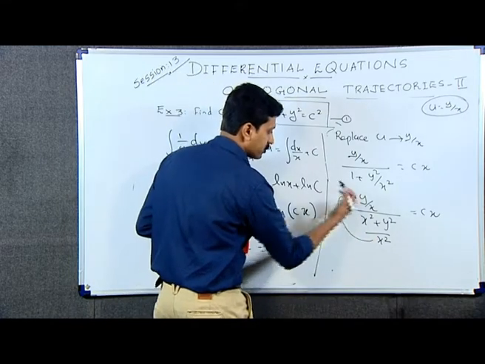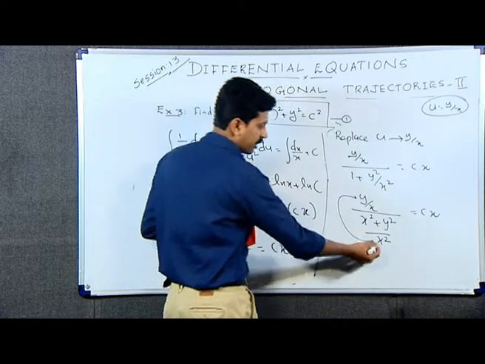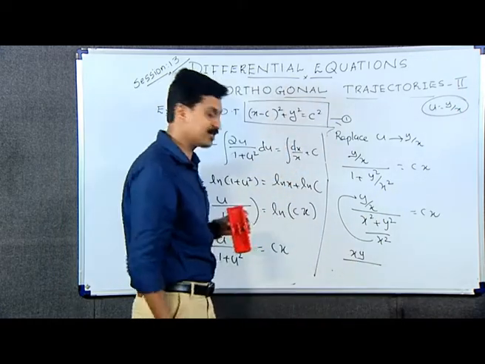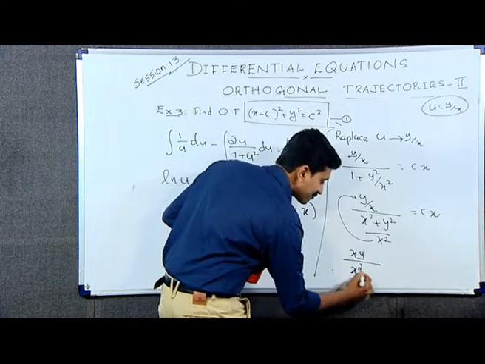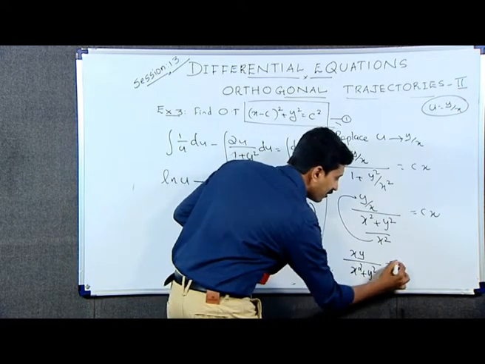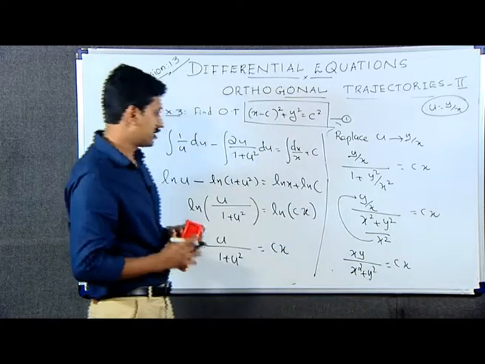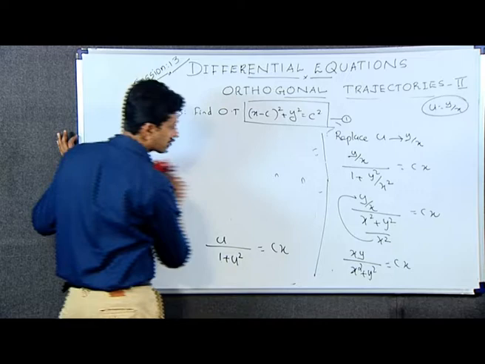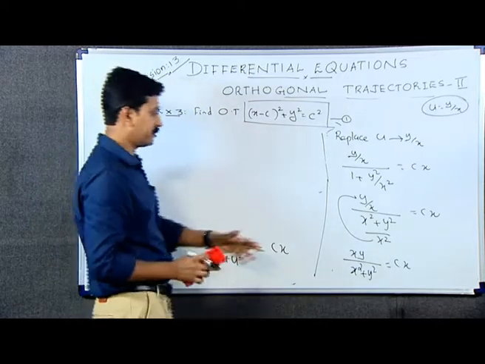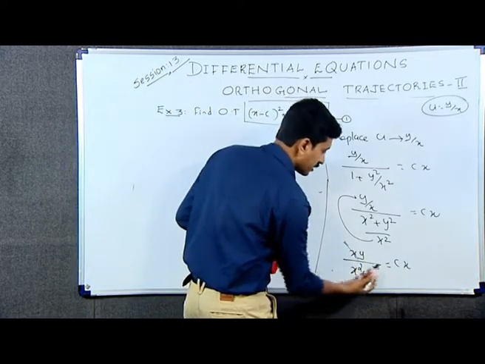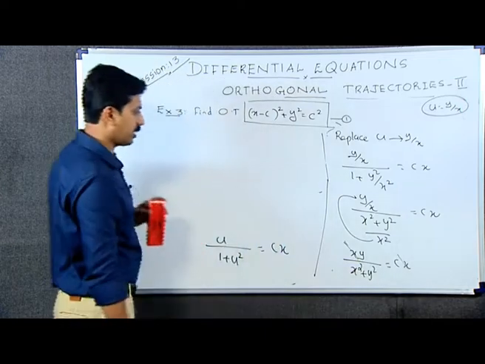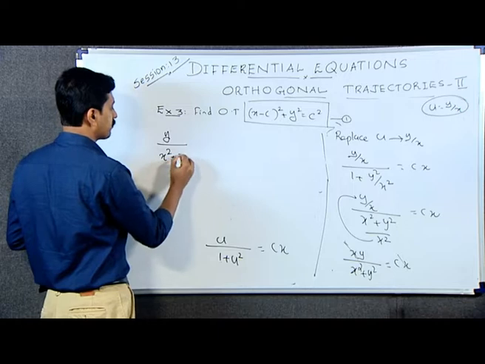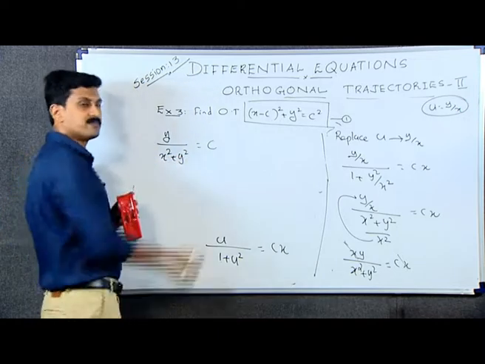Taking this x square to the numerator, x will cancel. Therefore, xy divided by x square plus y square is equal to cx. On both the left side and right side there is an x, so we can cancel it. After all, we have y divided by x square plus y square is equal to c.